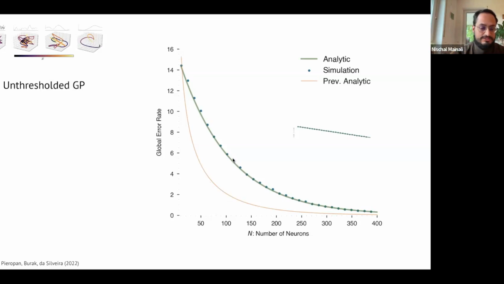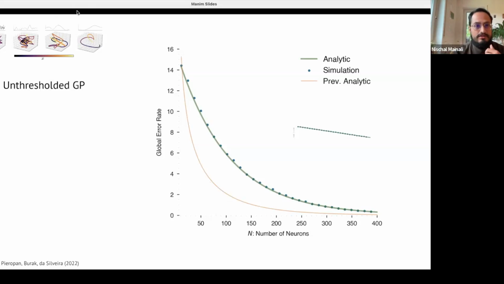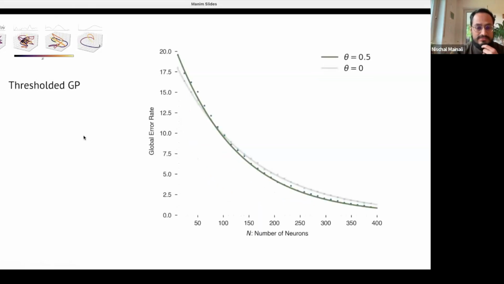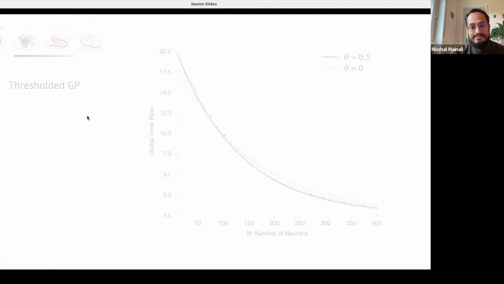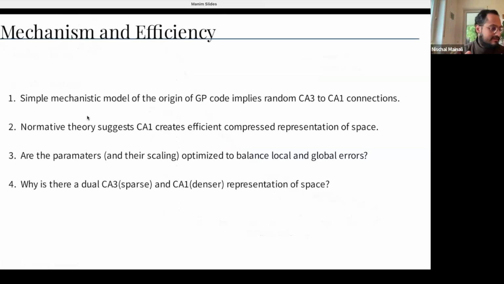And this was for the unthresholded Gaussian process. We have now even generalized the model to a thresholded Gaussian process. And still, we have the situation where the global error rate is exponentially suppressed. So one functional viewpoint at this point could be that these Gaussian process-based codes are optimized for efficiency.